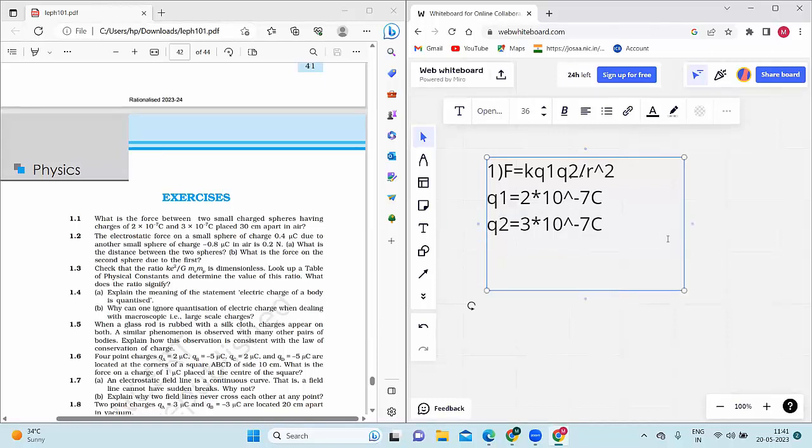And the distance r equals 30 centimeters. We will try to do everything in SI, so 0.3 meters. By substituting the values and calculating, we get the force F equal to 6 into 10 power minus 3 Newton.